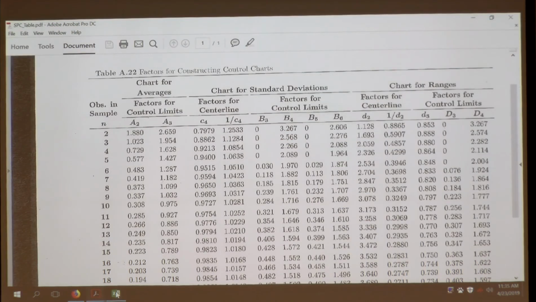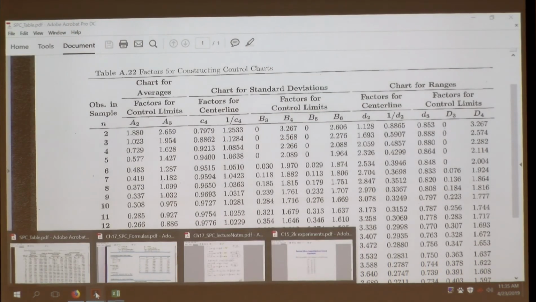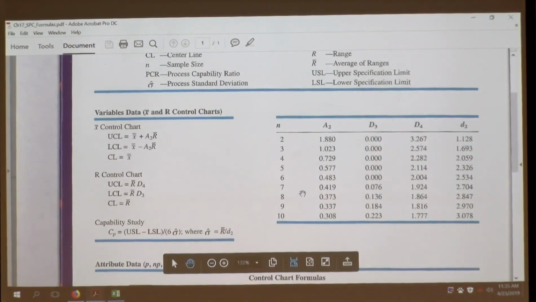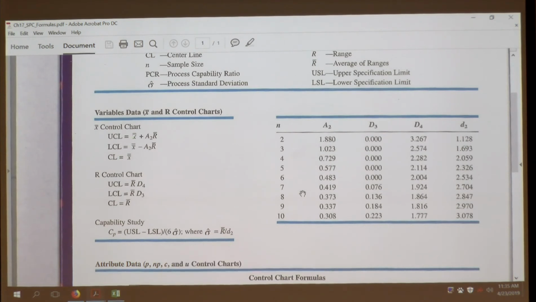So this is how we do the X bar and R control chart. For the X bar control chart, what I need is X double bar plus A2 R bar and X double bar minus A2 R bar. A2, D3, and D4 can all be retrieved from the table.